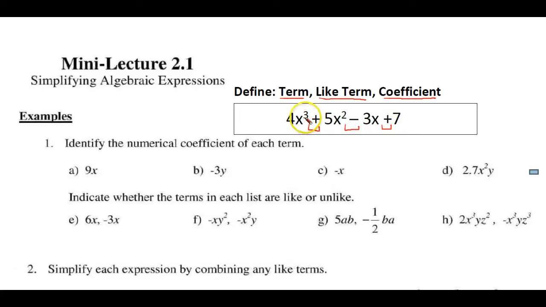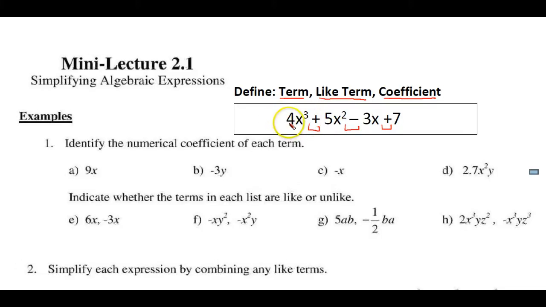And here we see then we have 1, 2, 3, 4 terms. Now notice there is no sign in front of this first term, and that is because it's positive. If it's positive, we don't have to put the sign there.